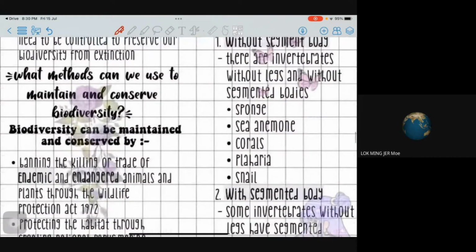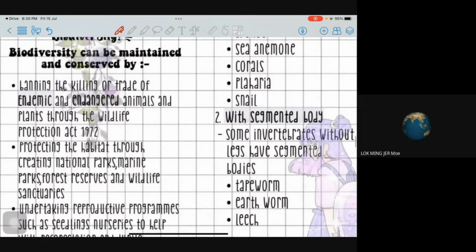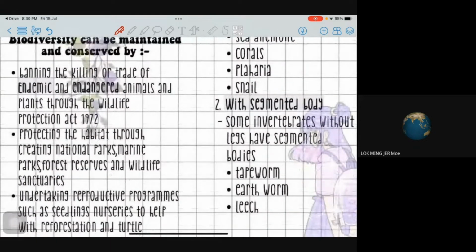So what methods can we use to maintain and conserve them? You can use a lot of methods, such as protecting habitats, for example by creating national parks, marine parks, and forest reserves. Forest reserve means we cannot use or touch the forest.